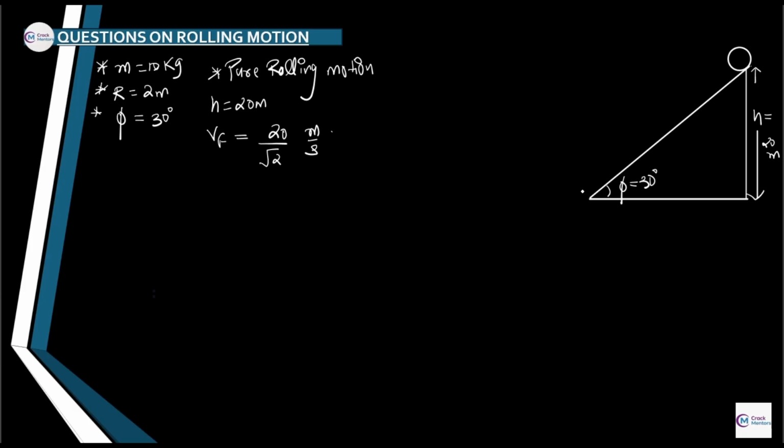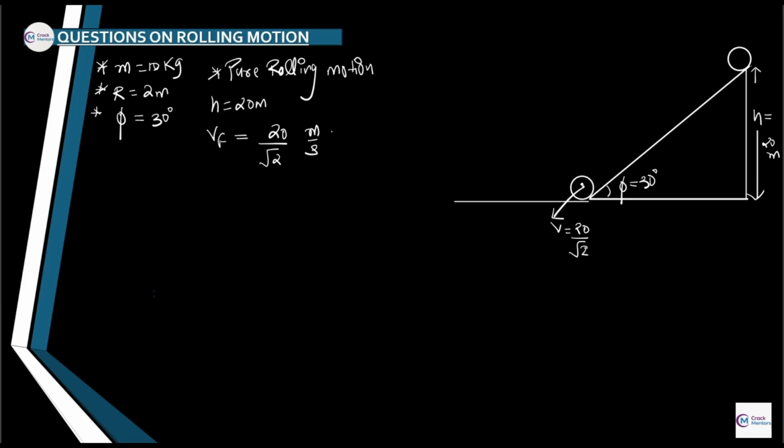And here we have a body which is performing a rolling motion basically. When this body reaches this point, it attains some velocity, which is 20 upon root 2. This is the thing that is first of all mentioned to us.